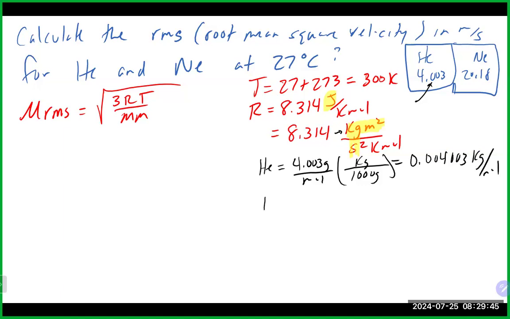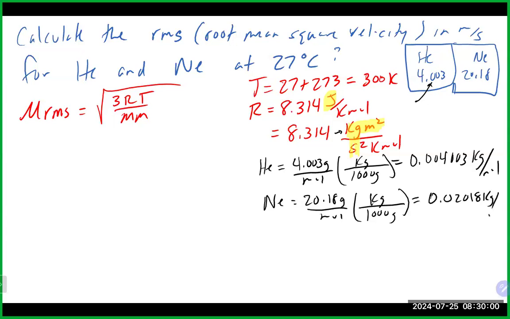We'll do the same thing for our neon, taking 20.18 grams per mole and converting it into kilograms per mole. We need to do this so that everything cancels out correctly in terms of units, with really our joule part of it.